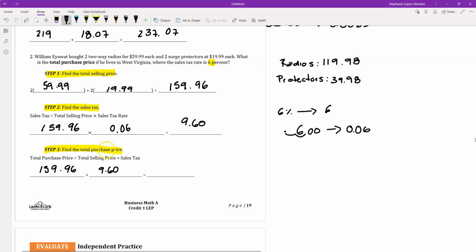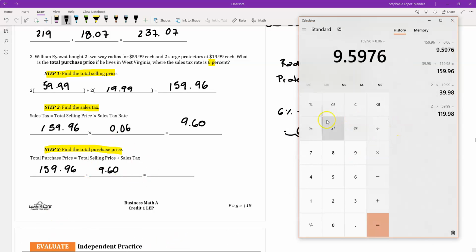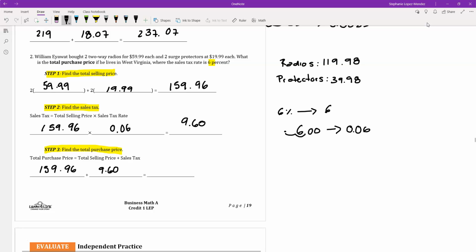And I just add both numbers. So 159.96 plus 9.60 gives me a total of 169.56. So this is my answer, 169.56.